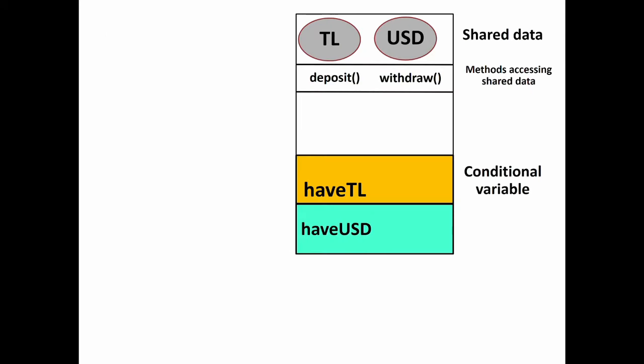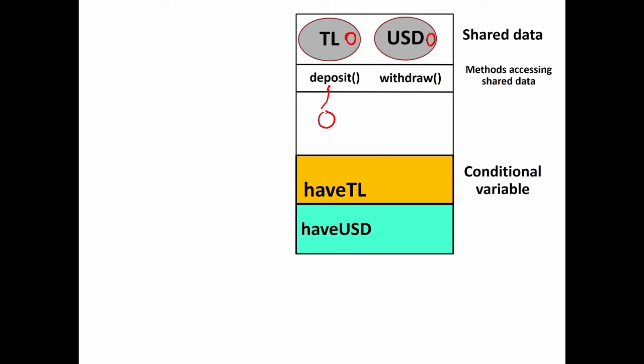Okay, so now we can work on the same idea, but with Turkish lira and US dollar. We can again run deposit and withdraw, and depending on your task, say that we have 0 lira and 0 US dollar.